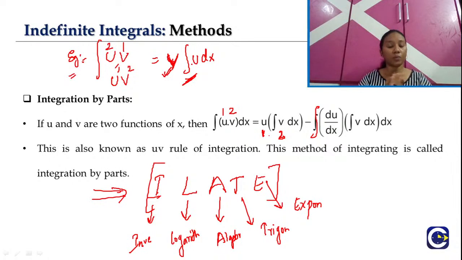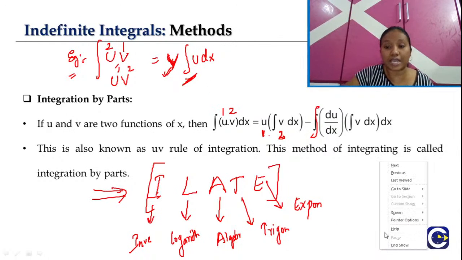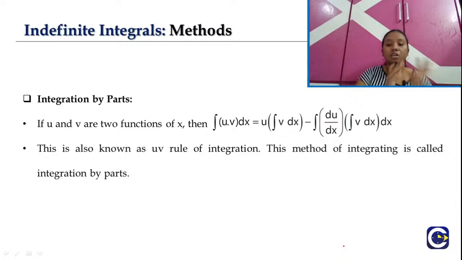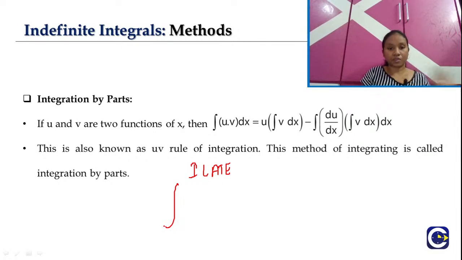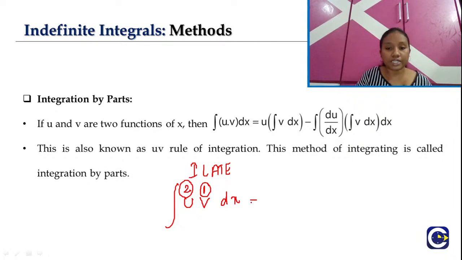Right, so now I hope you are clear, but there is one exception case as I mentioned. So let me explain the exception case once again. By applying my isolate rule, I end up having my V as first function and U as second function. So now what will be my UV rule of integration?